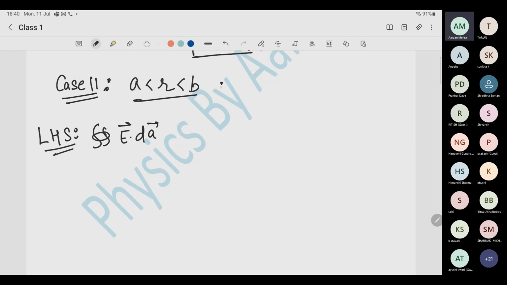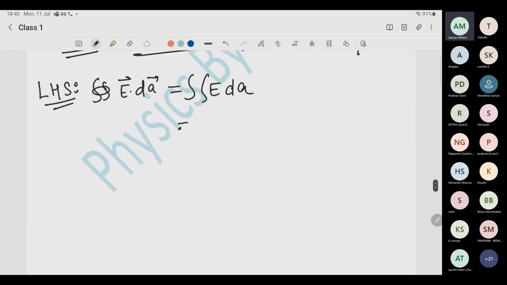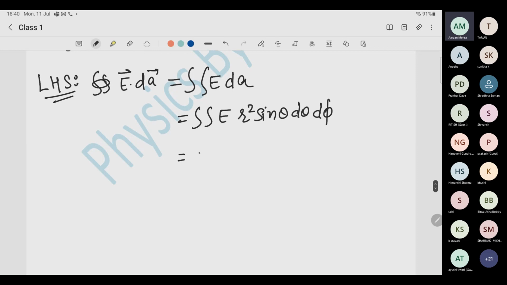So let me write dA here. dA is r square sine theta d theta d phi r cap. So this will be equal to the double integral of E dA, which is E r square sine theta d theta d phi. Since we can keep the electric field outside, why?